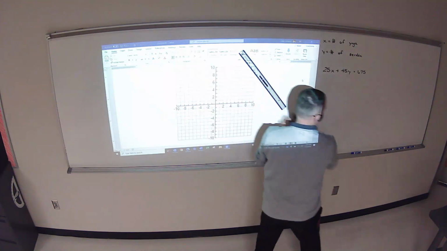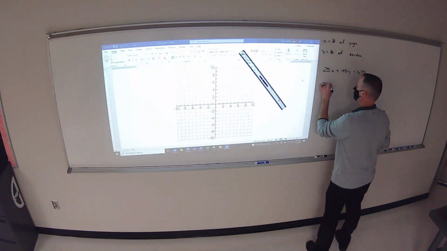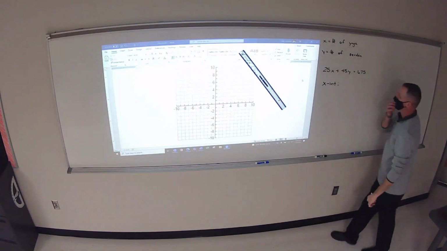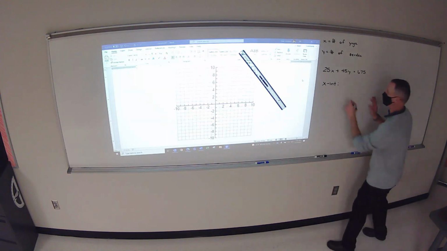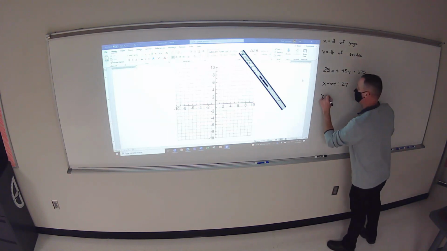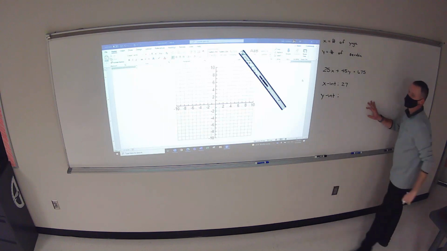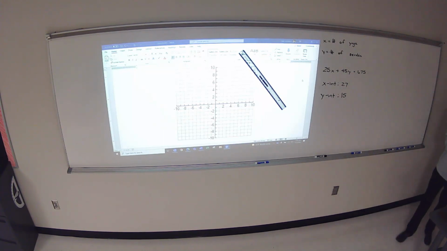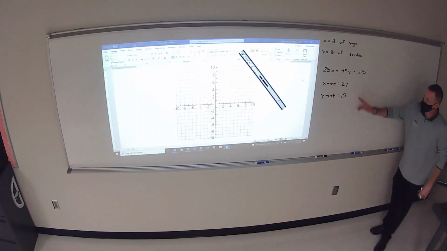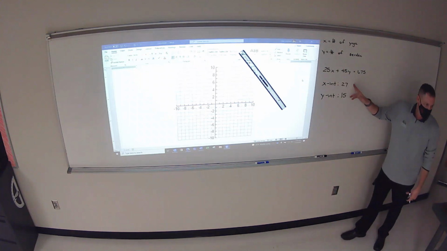So now we need to find our 2 intercepts. Is that 27? Yes, that's 27. 15? Thank you. There's my 2 intercepts. So notice what I'm going to have to do is change them both. If I want to go up to 27 here, it means I need to at least get to 27 or 30. So what should I choose as my x-axis?